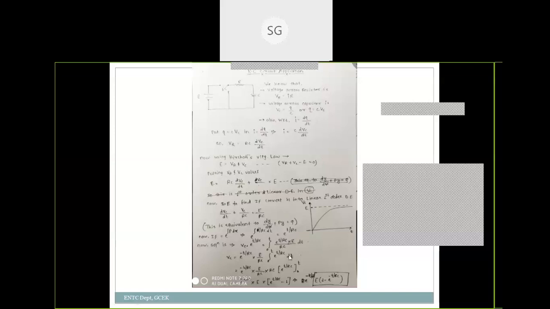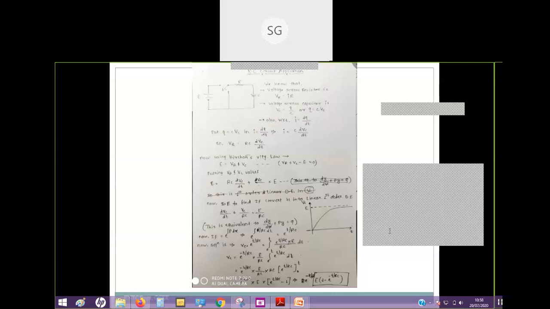This is the charging. If I say at t equal to 0 the capacitor is disconnected from the battery, you have to derive the equation of voltage across C when the battery is disconnected from the RC circuit, and how the curve will look.